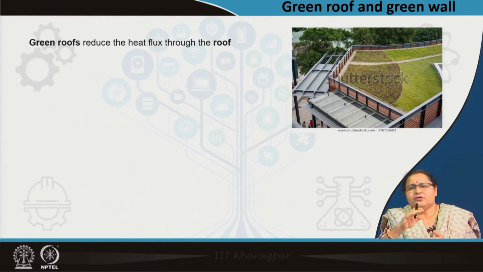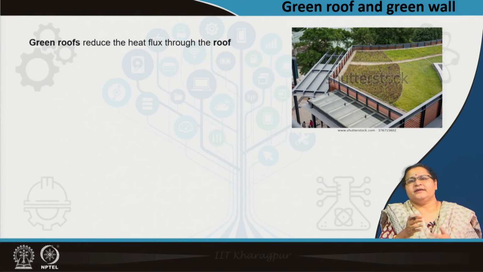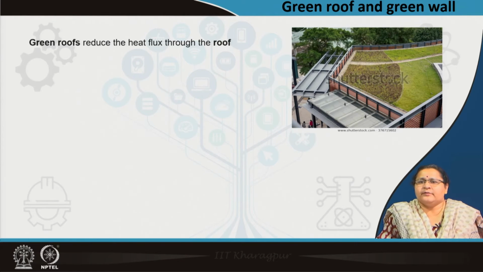So, you have to allow a good thickness for a green roof. So, automatically it reduces the heat flux through the roof, but at the same time there are multiple things happening in between the layers. So, we have to be very careful to recommend a green roof just for the purpose of insulation. Yes, it replaces the amount of green you are losing at the ground level and you are replacing that on the top, maybe partially, but it does not mean it is giving you a thermal insulation, and that is why you need to do a green roof.